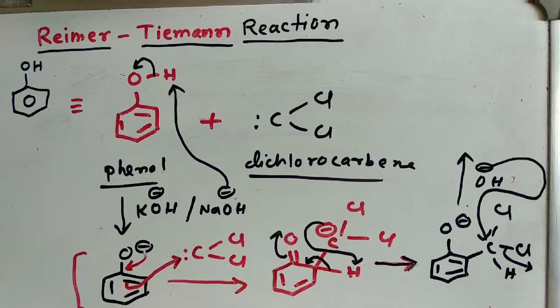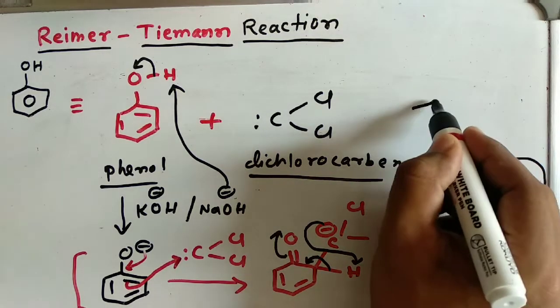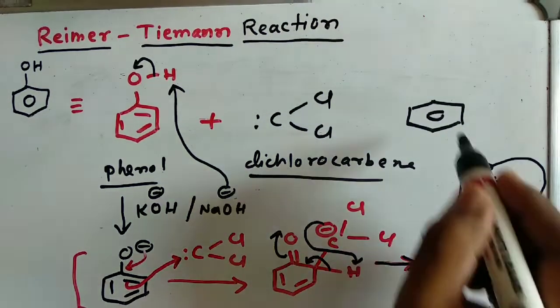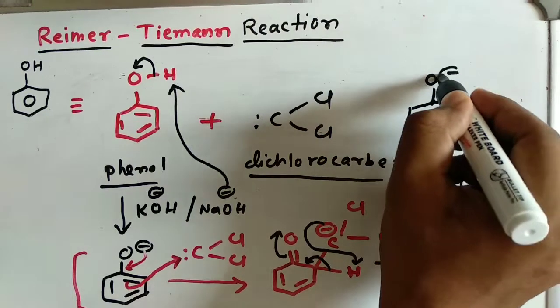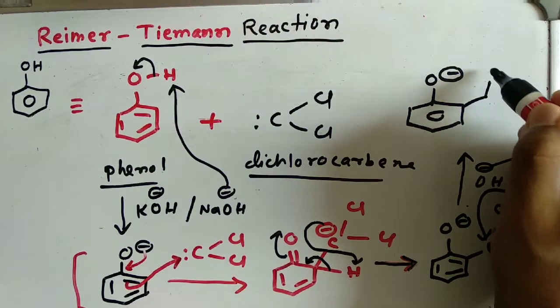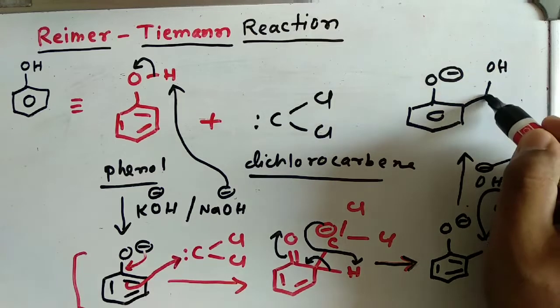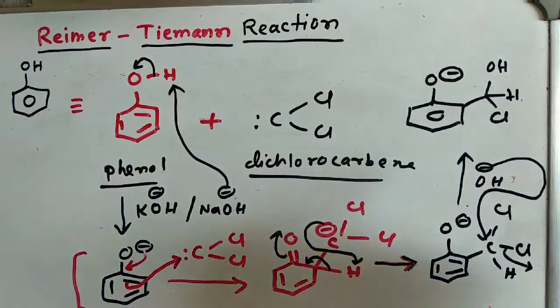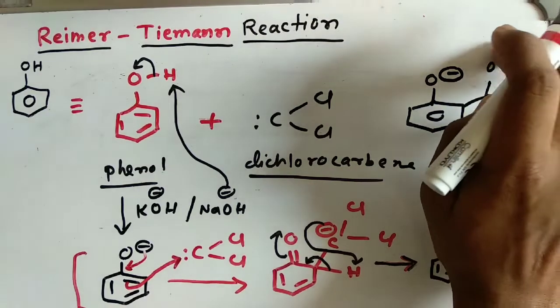So one Cl atom will leave the system, and the product will have the pi bonds over here, a negative charge, then one OH, one Cl, and another H. I am writing this OH like that.